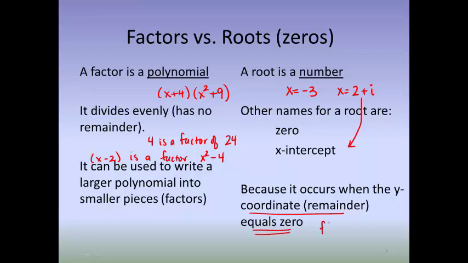So that means that f of 0, which we call the remainder, now we just talked about that, when f of the k value equals 0, so when the remainder equals 0, it is a root. When the remainder equals 0, it's a root.